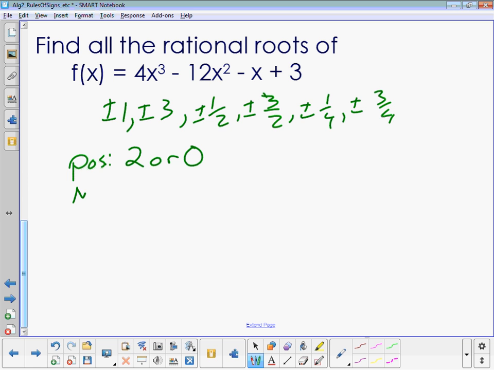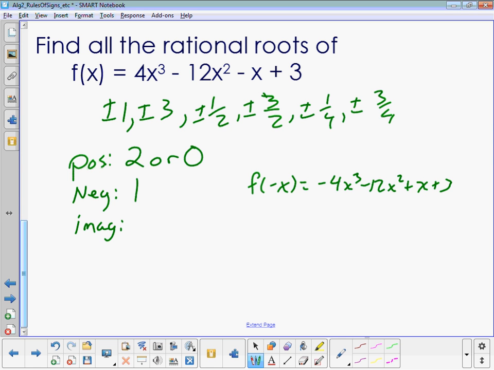Okay, for negative real roots, I have to find f of negative x, which would be negative 4x cubed minus 12x squared plus x plus 3, which says I only have one sign change. So I have one negative real root. So one of these possible negative numbers here is what I'm looking for. And then that leaves us with imaginaries as possibilities. We're only looking at imaginary right now just so that we have an idea what's going on.